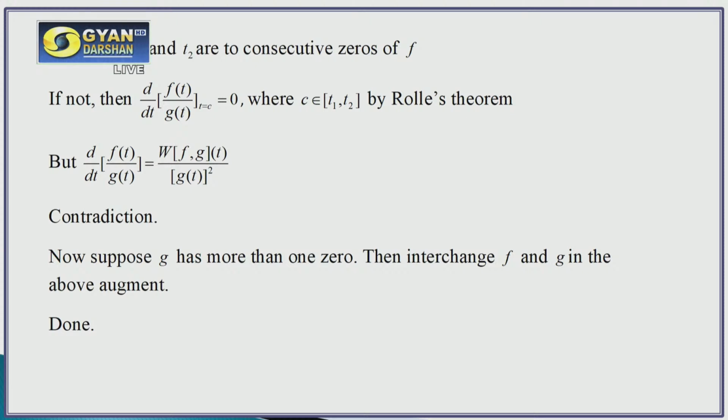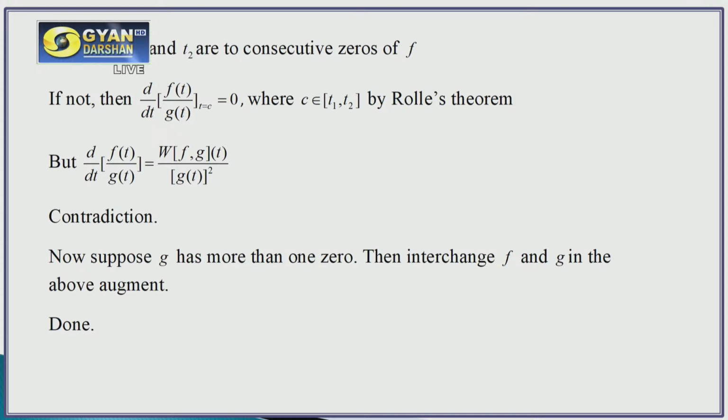Now if we want to prove there is exactly one, suppose g has more than one zero, and then use the same argument by interchanging f and g. That means assume g(t)/f(t) is the given function, try to apply Rolle's theorem on it, and you will get a contradiction. So this is the proof of Sturm's separation theorem.